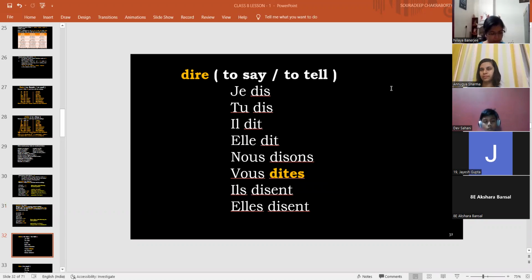So far we have learned two subgroups in the third group. So the third subgroup now. In the third subgroup, only one verb is there. You can see the verb is dire, which means to say or to tell. So this one, we don't have any rules. You only need to remember the verb properly with this conjugation.